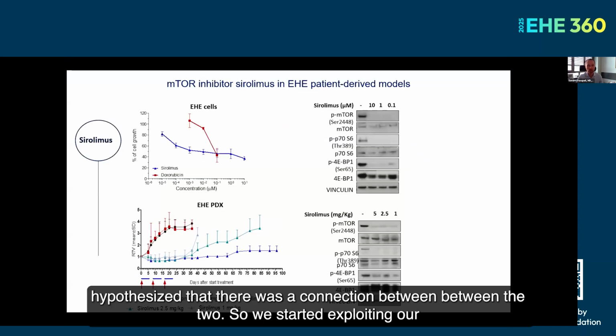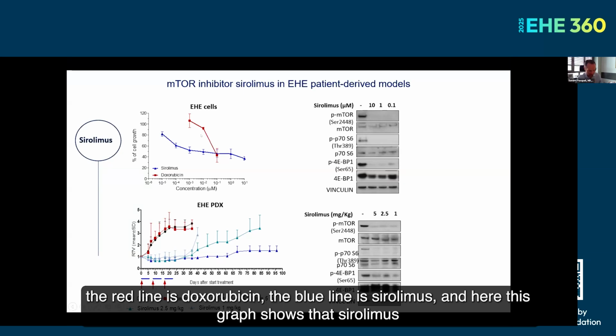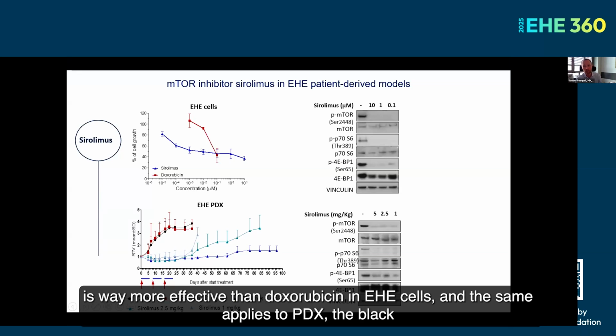So we started exploiting our models to test the effect of sirolimus on them, and this is our result on our cell lines. The red line is doxorubicin, the blue line is sirolimus, and this graph shows that sirolimus is way more effective than doxorubicin in EHE cells, and the same applied to PDX.